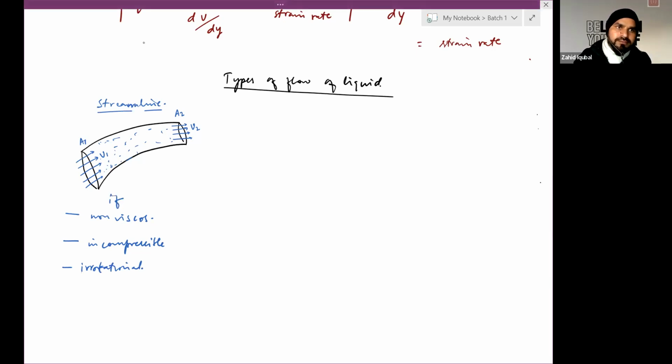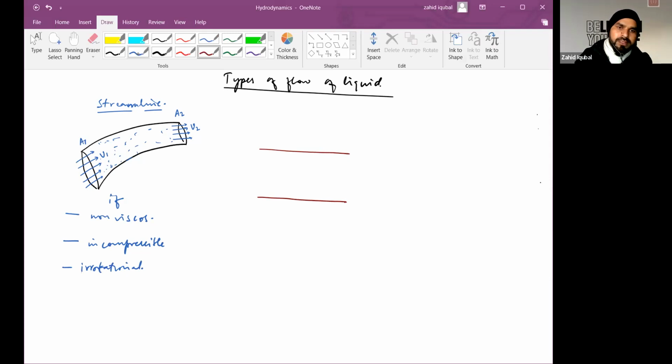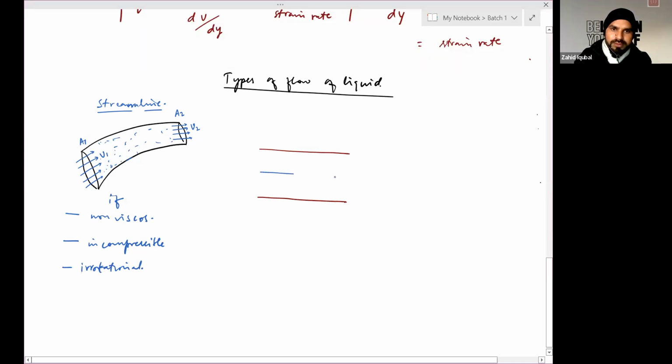Next is, if there is a tube in which liquid is flowing, a layer of liquid may get opposed due to its neighboring layers as well as due to its side wall. Similarly, along this direction. So the centermost layer will move with maximum velocity and the edge layer will move with minimum velocity or least velocity.